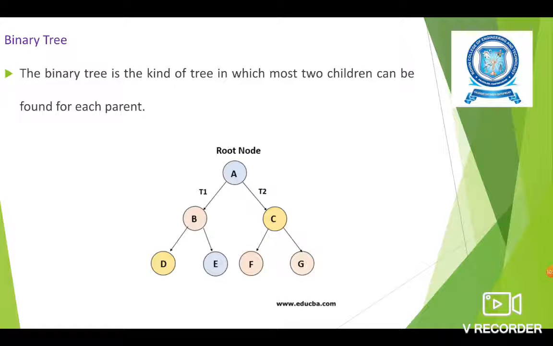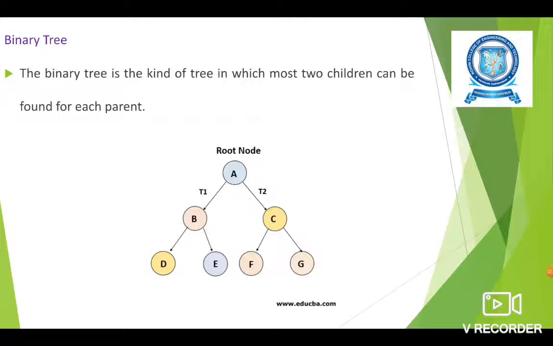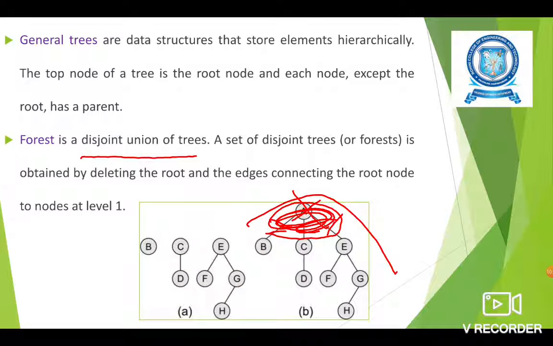Then binary tree, it is one type of tree in which each and every node must contain at most 2 children. Okay, for each node, you must have at most 2 children. So what about the node C?